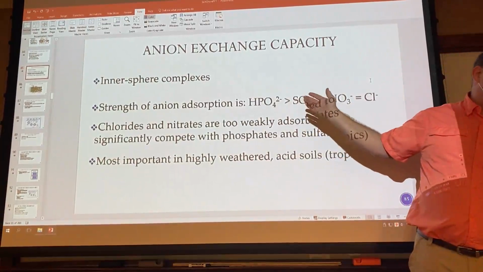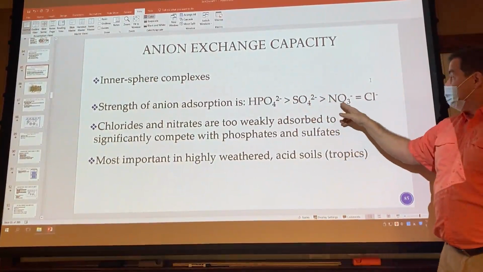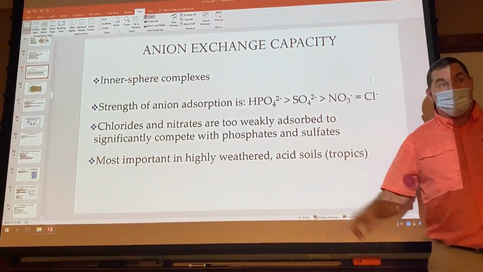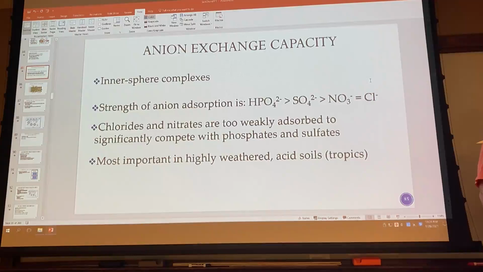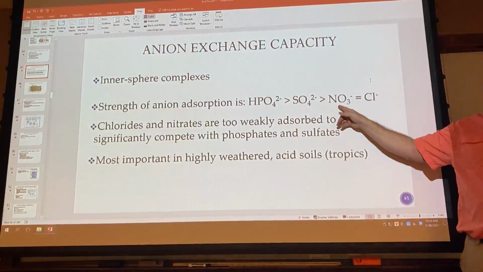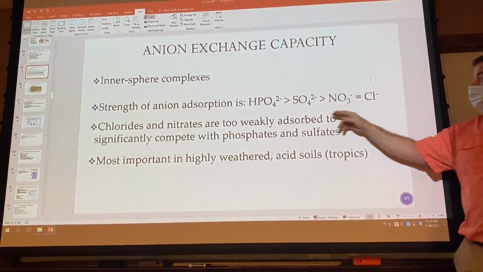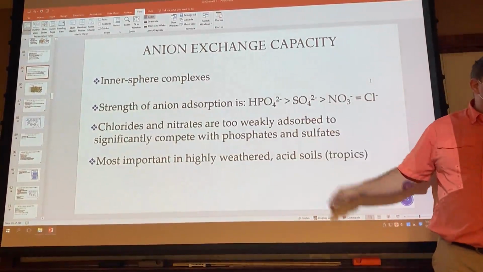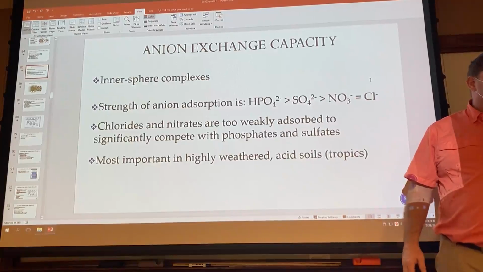Sulfate, maybe not so much. And then nitrate and chlorine would probably be more likely an outer sphere bond, because we can get nitrate very easily. Chlorine and sulfate, we put a lot of sulfur out. Sometimes it'll stay in the solution.